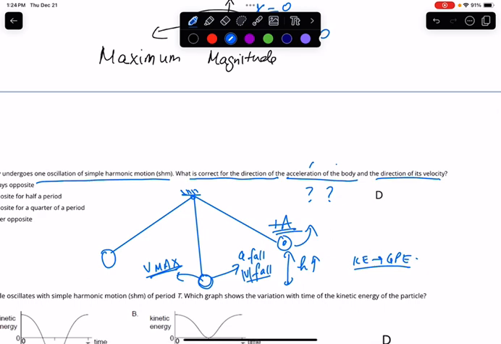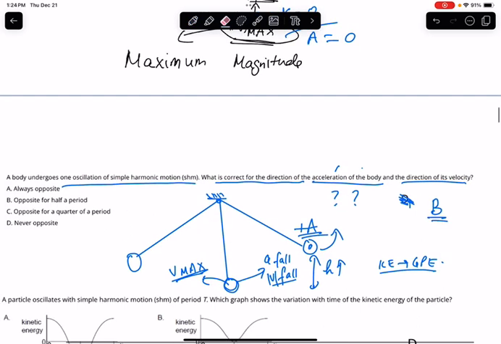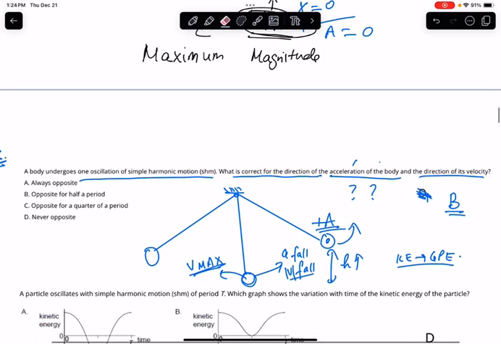Actually, this should be B. So at our maximum amplitude, the acceleration is minimum.